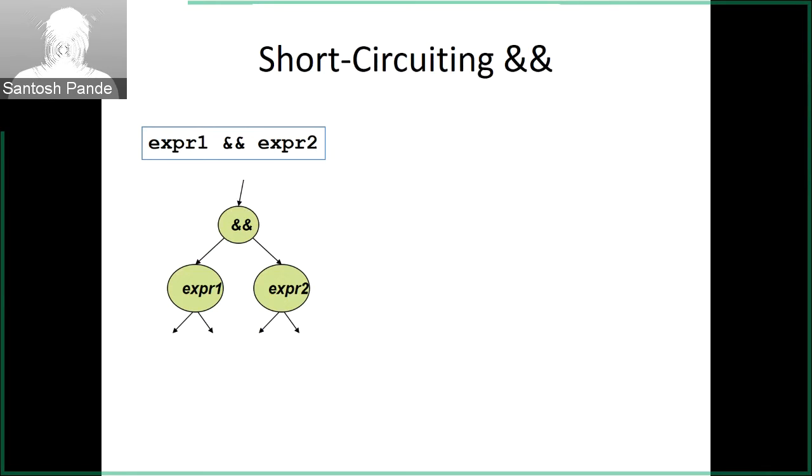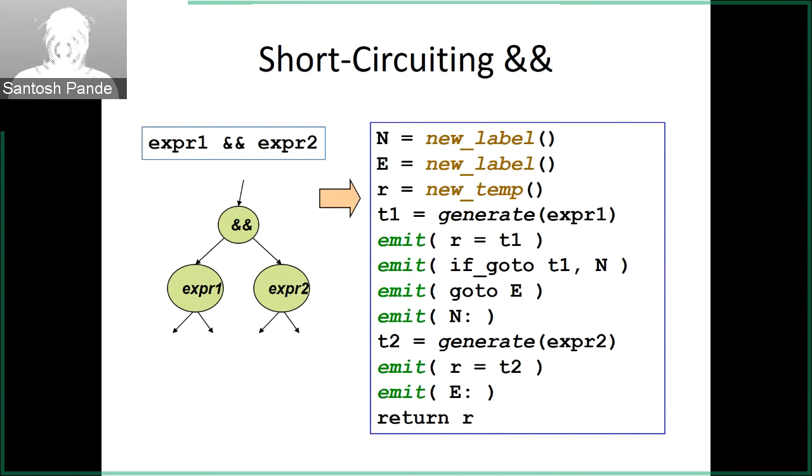Similarly, going forward, now we have the intent here that in case the first expression evaluates to false, there's no point evaluating expression 2 because eventually the result is going to be false anyway. And that is being implemented by the code generator shown on the right hand side.